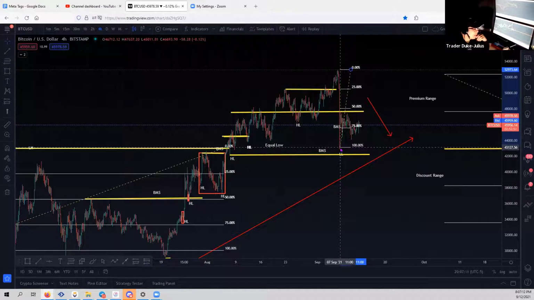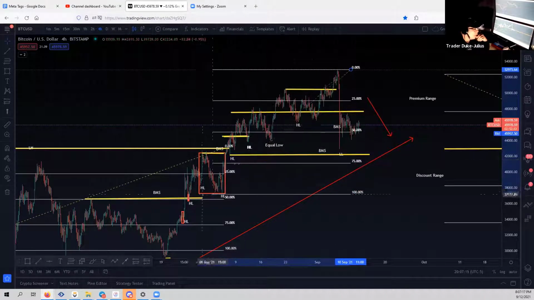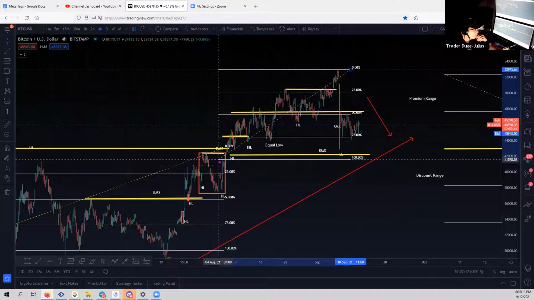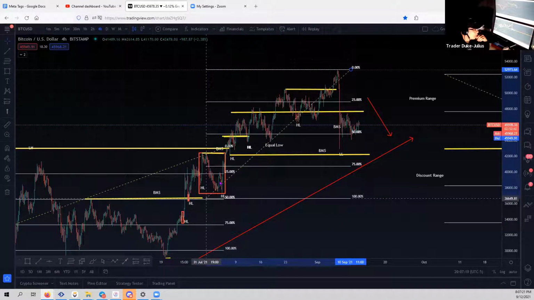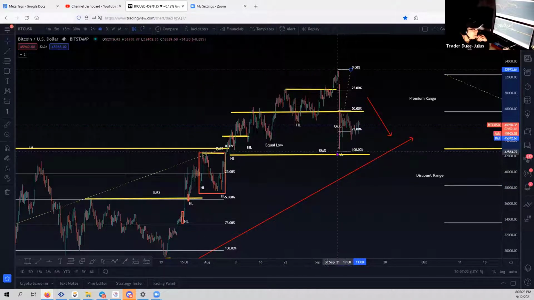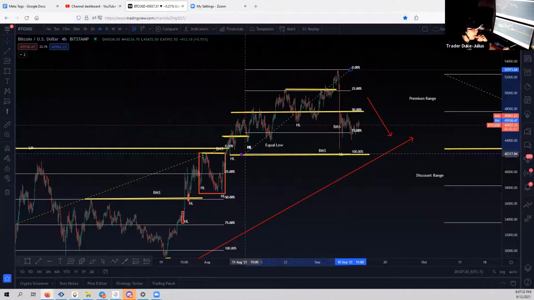But this is secondary, a stop hunt. So this was a stop hunt for people who had orders coming up here. All these people had orders, placed their stops in this area, and that's why price came down here and stopped.